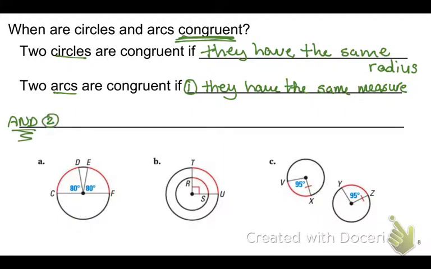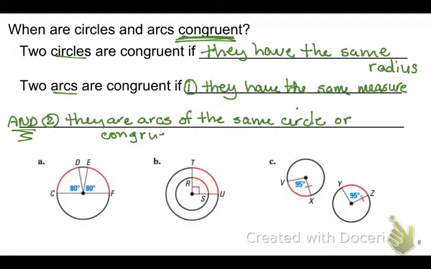Number two, the second criterion, is they are arcs of the same circle or congruent circles. So their measure is the same, and they're either arcs of the same circle or congruent circles.